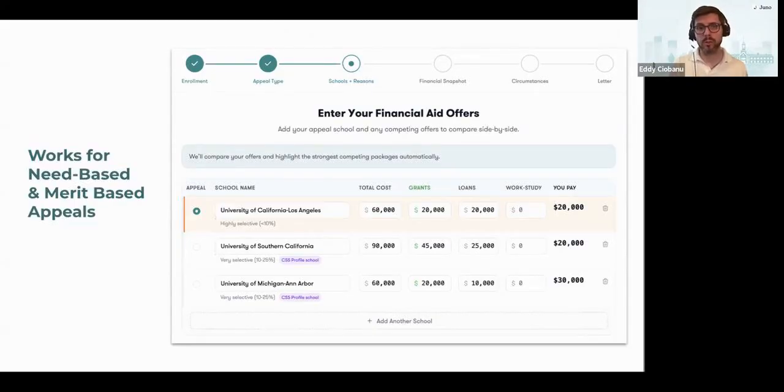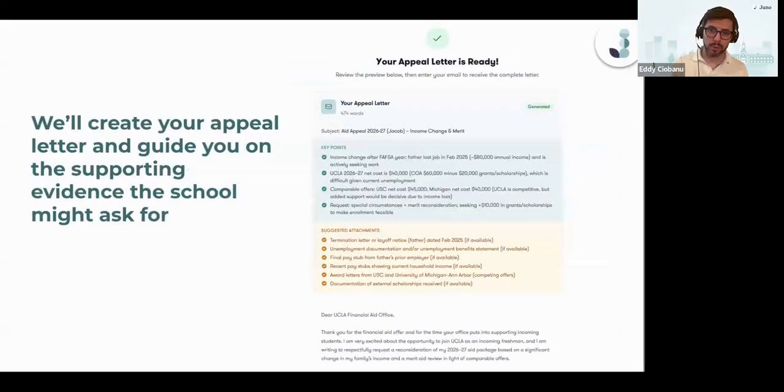The tool will then use the best peer institution to maximize your financial aid appeal letter. You'll get a summary of several key points, and then also what I think is really helpful is including certain documentation to help verify what you're stating in your appeal.